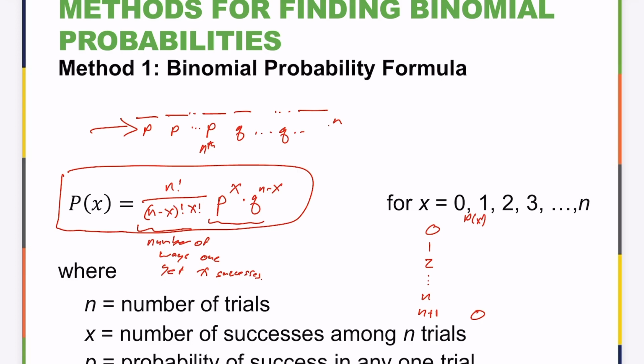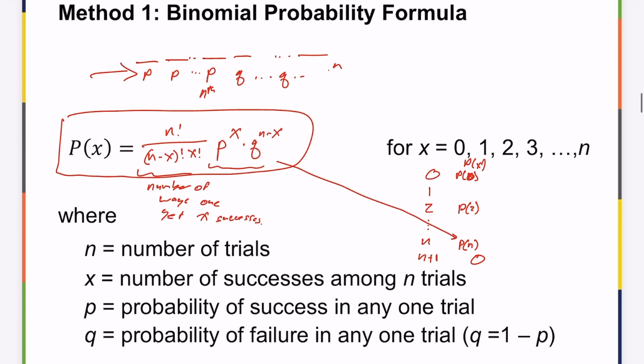But before then, I use this formula here, and plug in my N for X. This here is going to be P of 2. It gives me that probability. I can plug it into my calculator and get something out. And I could plug in 0 here: the probability of getting 0 successes, all failures. So this defines my probability function. All right, and we already discussed what N, X, P, and Q are.